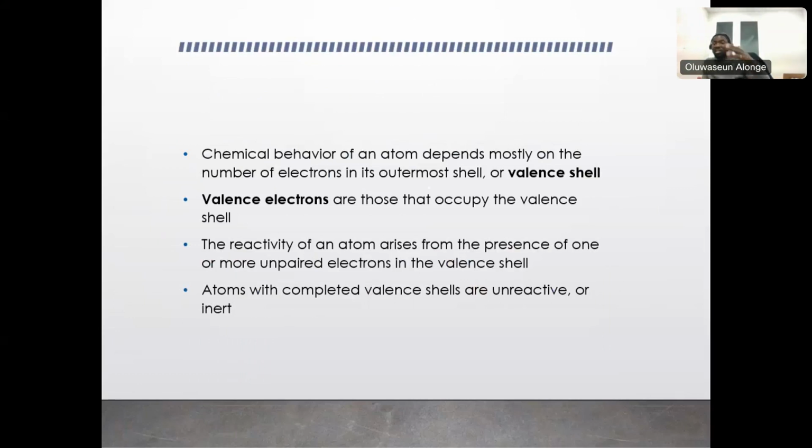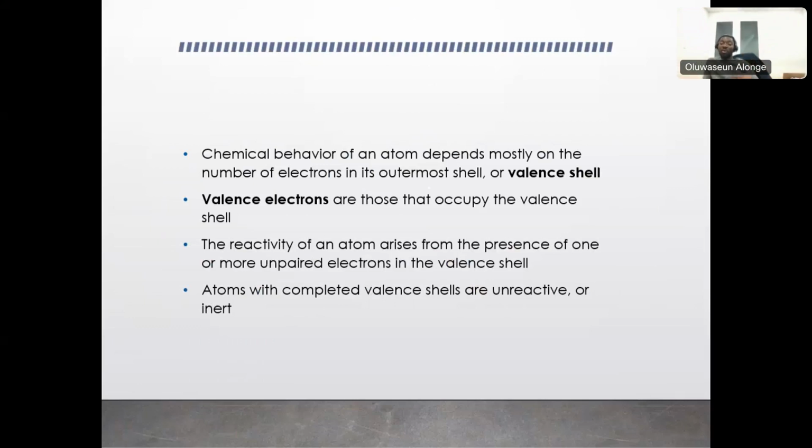The valence shell is the last shell, the outermost shell that the electrons surround on an element. That is actually what determines the reactivity of an element. So how reactive an element is is a function of its valence shell.